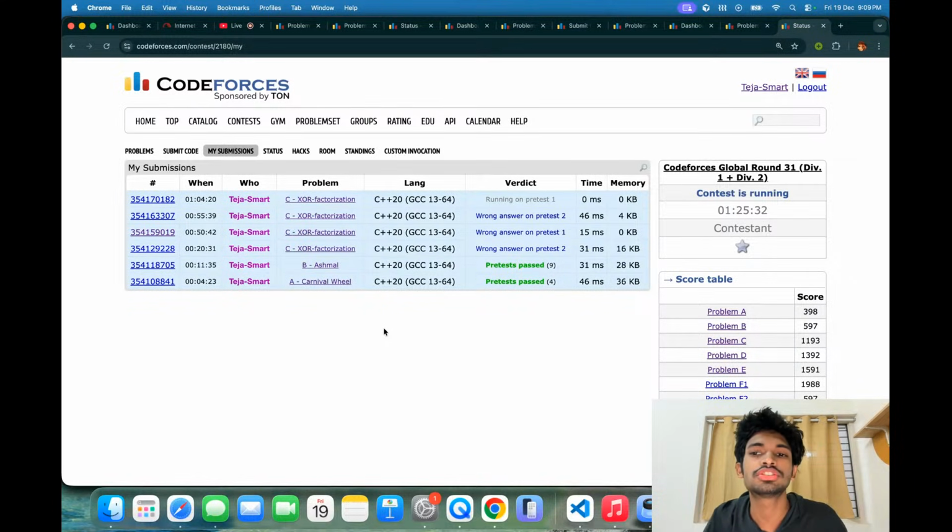If it passes, it's the same pattern, but it's not passing.